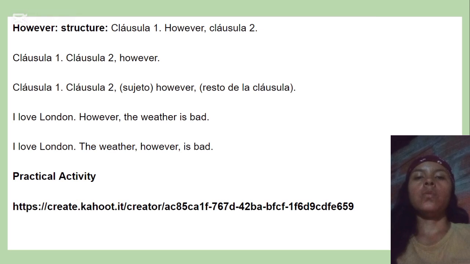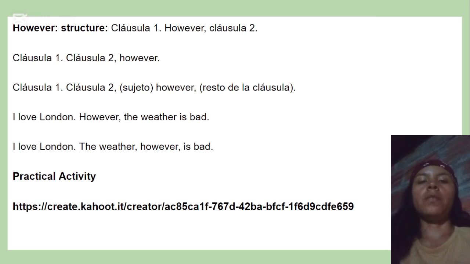However is not used to connect two clauses in the same sentence, like although or despite. Instead, it connects two ideas in separate sentences. It generally appears at the beginning of the second sentence, followed by a comma, or can be placed in the middle or at the end of the second sentence between commas.